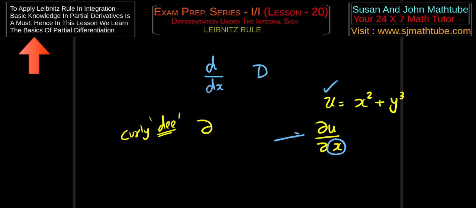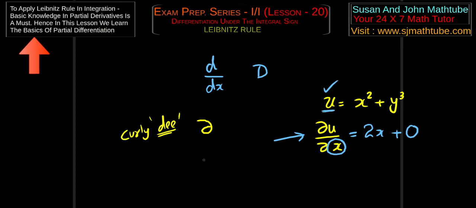But when you perform the curly d, the partial derivative, dou u by dou x, you treat x to be the only variable. And that means my answer will be 2x plus constant, that is 0, because x is the only variable and all the other letters you see will be treated as constant other than the independent variable.